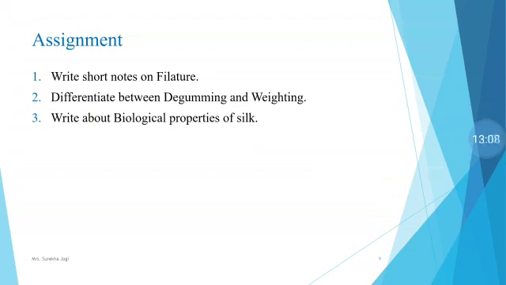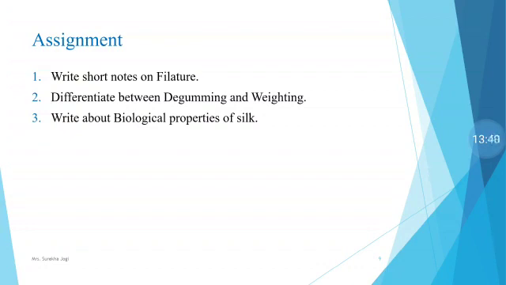Then next is differentiate between degumming and wetting. I would like to tell you that this difference between degumming and wetting is very important regarding your board exams. Now let us see the difference. First, the difference as per definition.